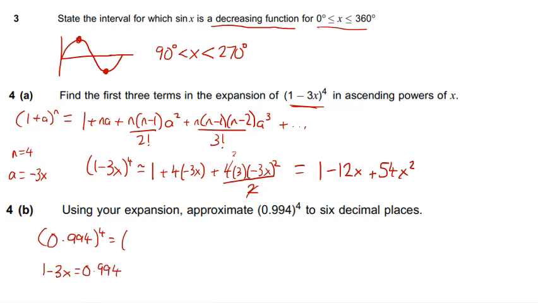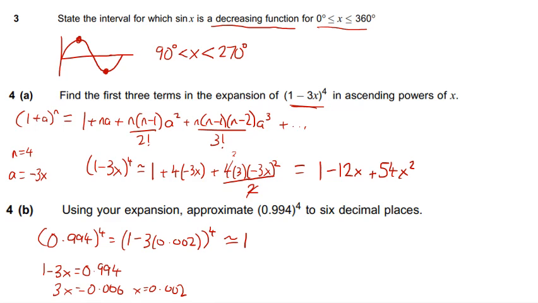So we want 1 minus 3x to be equal to 0.994. So 3x is equal to 0.006. So x is 0.002. So what we want to do is we just want to substitute 0.002 into the expansion.